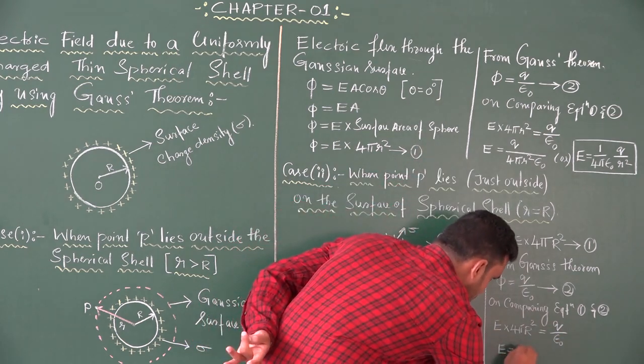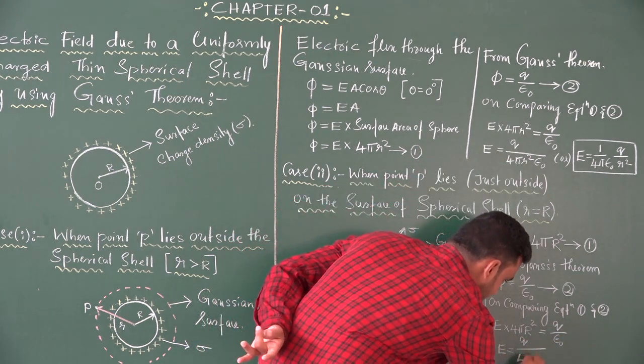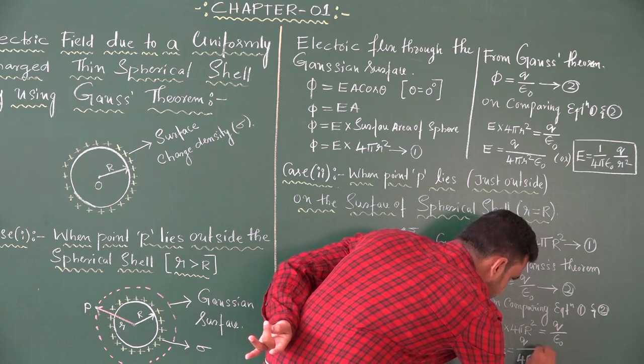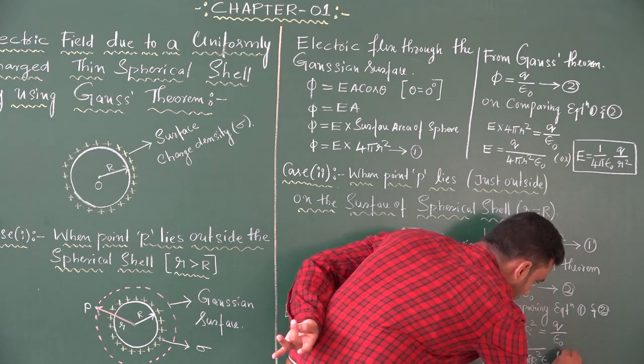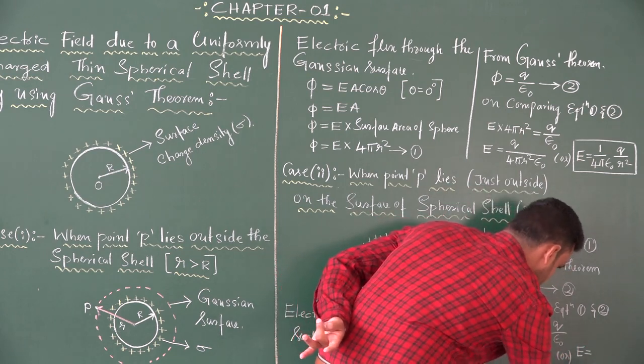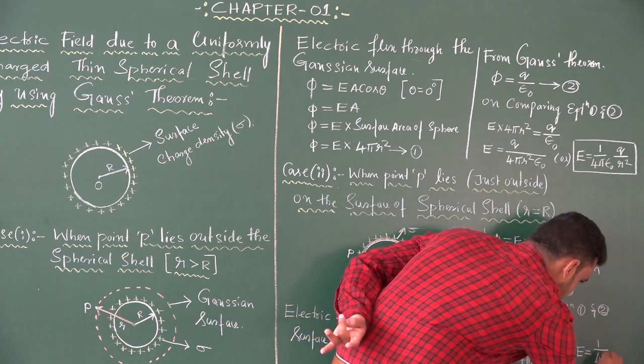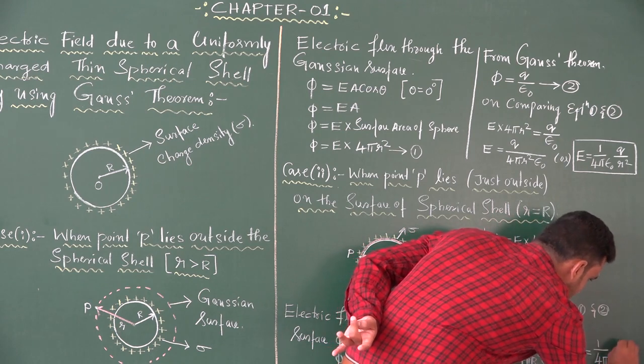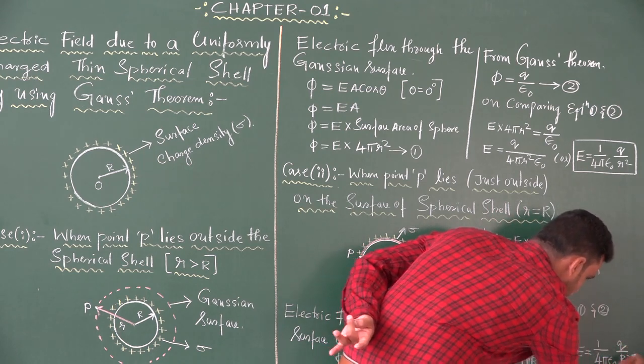So E is equal to q divided by 4 pi R square epsilon naught, or we can express it like this: E is equal to 1 over 4 pi epsilon naught q divided by R square.